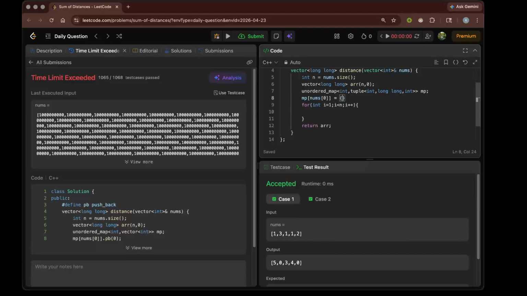Okay. In the index, that is the 0th index. Best is ARR of 0, and int, that is count, 1.